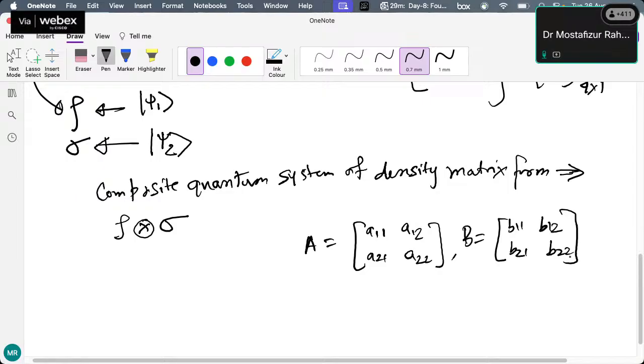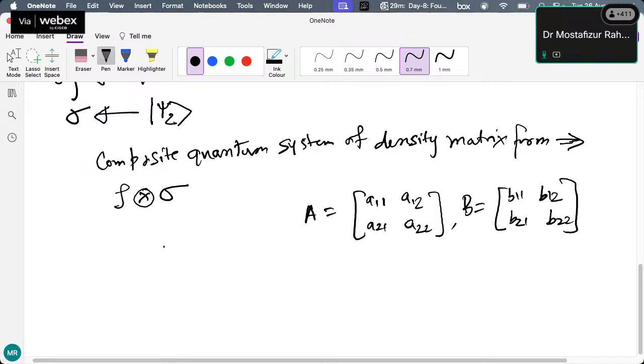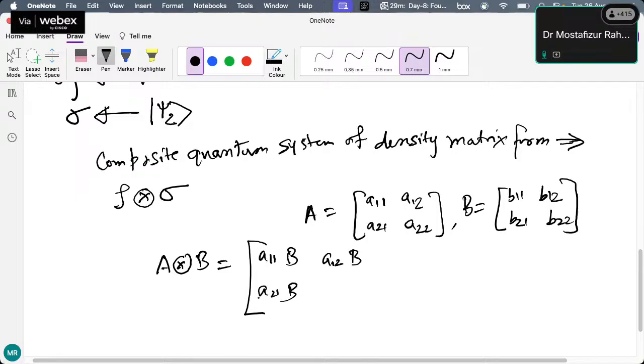If these are two matrices, they can be density matrices or any other matrix, then the tensor product of A and B will be A11 times the matrix B, A12 times the matrix B, A21 times the matrix B, and A22 times the matrix B.